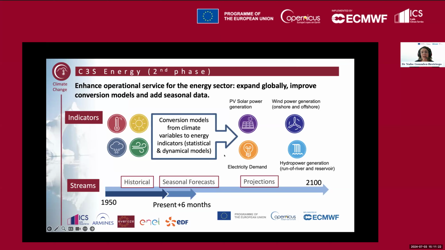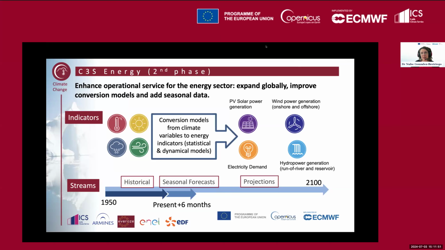This is something that we were providing before for the European region, but now we are expanding it globally. We are also improving the conversion models to pass from climate variables to energy. My colleague will explain more about this modeling approach later.